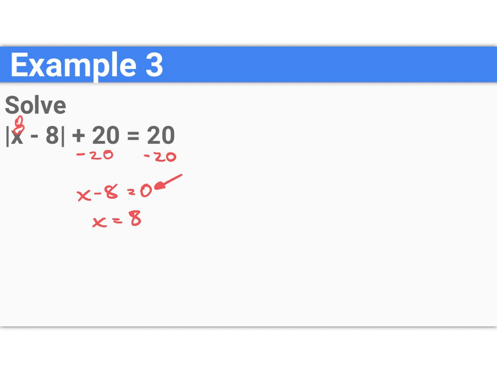So be careful with cases like this. Remember, you have to solve the first step if there's any addition or subtraction, and this is the one that you need a negative and positive case for. So 0 is not negative, nor is it positive. So this is the only number that works for this example.